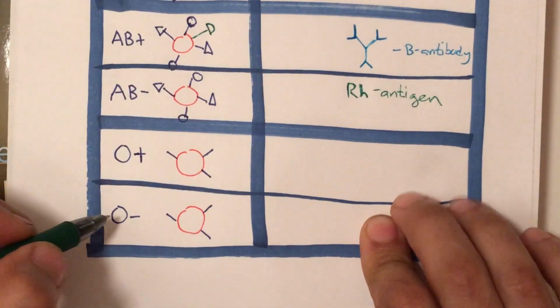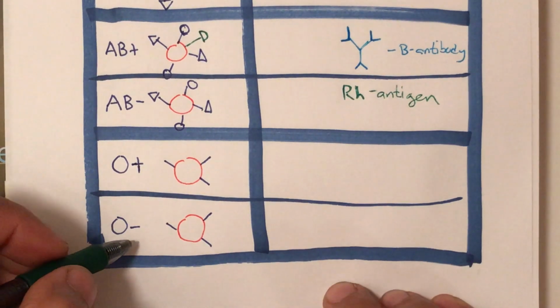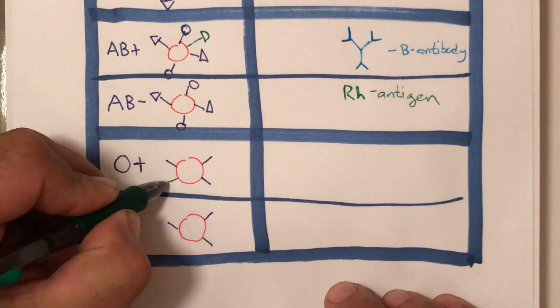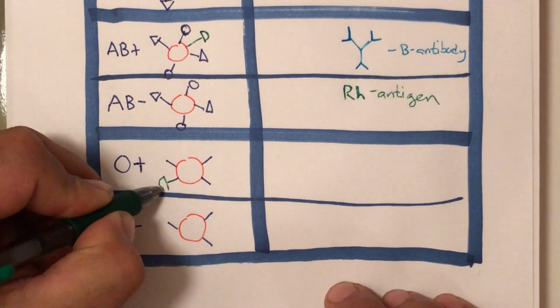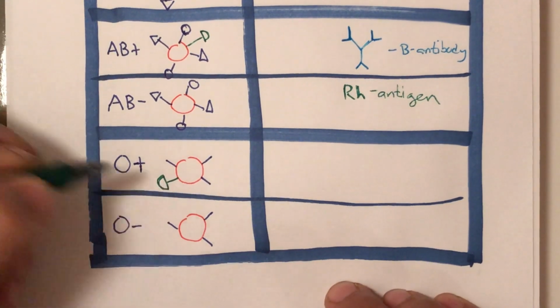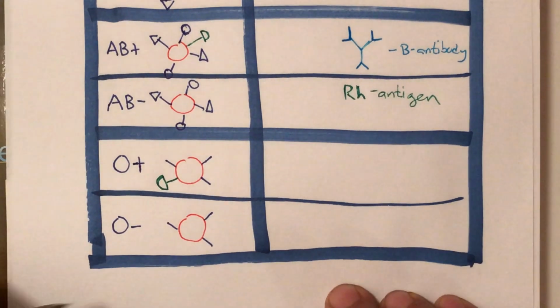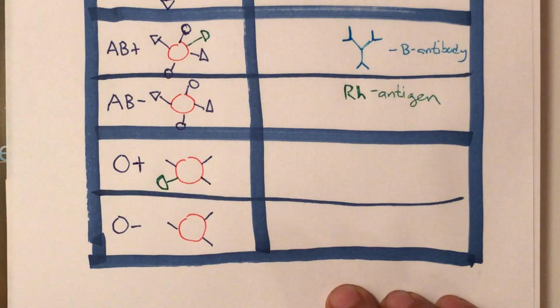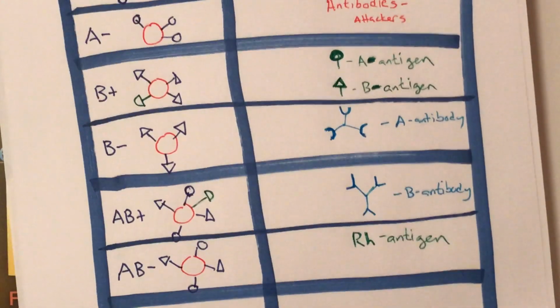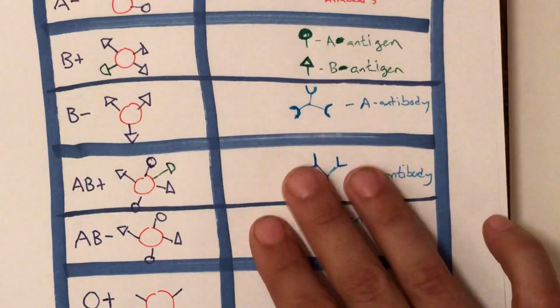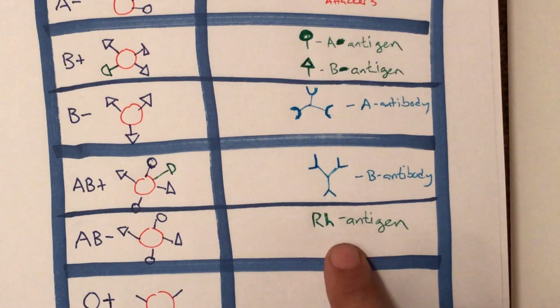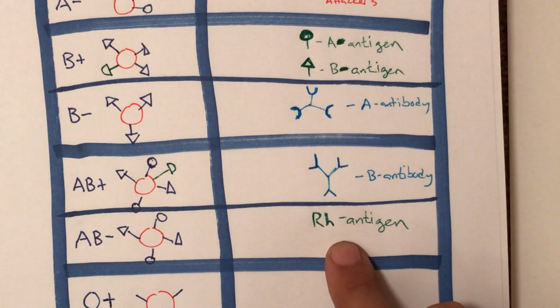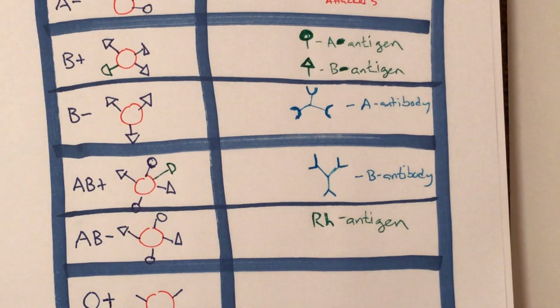The O positive person does have the Rh antigen, the D antigen, and the O negative person does not have the D antigen. That's what the positive and negative means. Do you or do you not have that third antigen called the Rh antigen? Rh coming from rhesus monkeys.